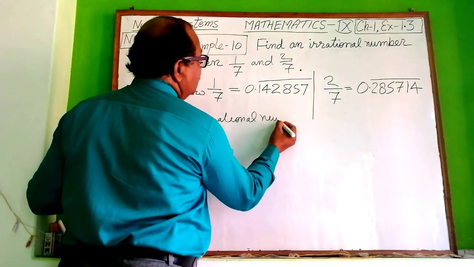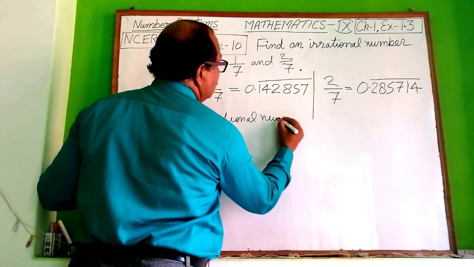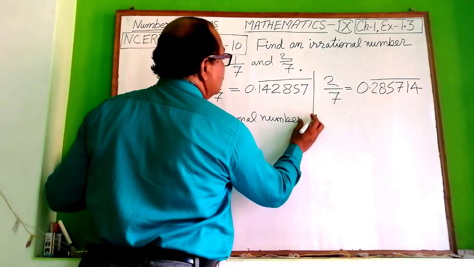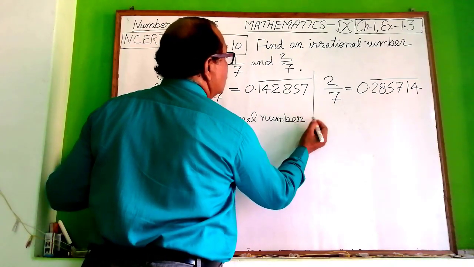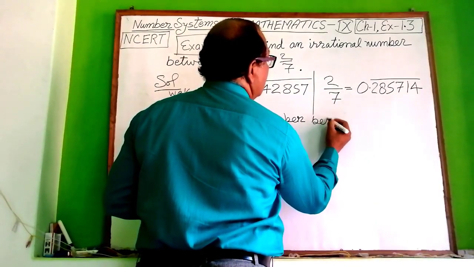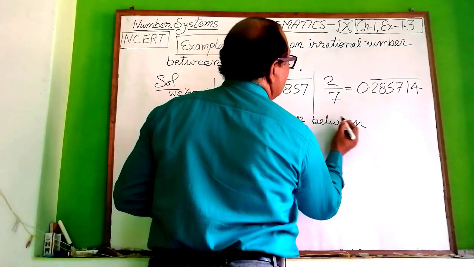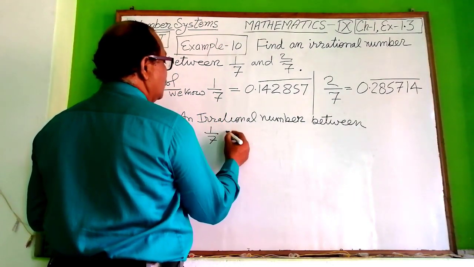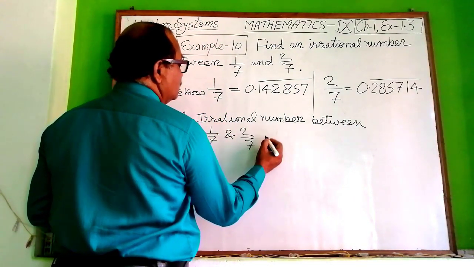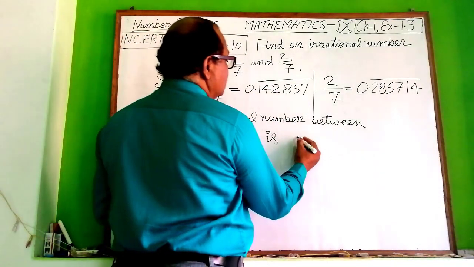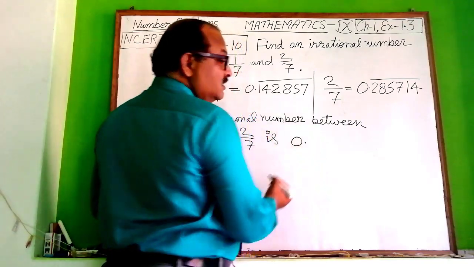An irrational number between 1 upon 7 and 2 upon 7 we can write like this, 0.2.